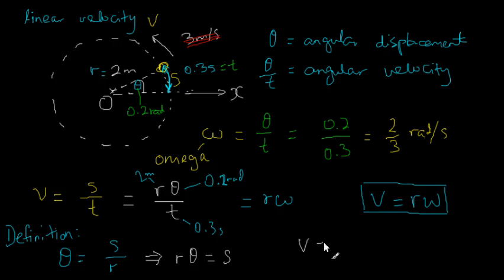So if I calculate this, I take 2 times 2/3, and the answer is 4/3. And since this is linear velocity, the units are meters per second.